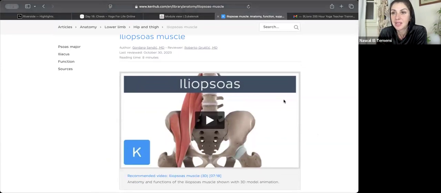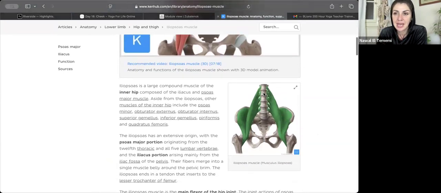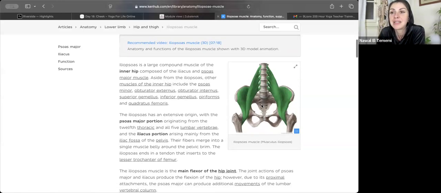The psoas muscle connects to the inner spine, the lumbar area of the back, and then crosses down the inside of our pelvic crest through the pelvic region and then down onto the insides of the femurs, and even more down still through the threads of fascia. So see how this connects? This is a very, very deep muscle.